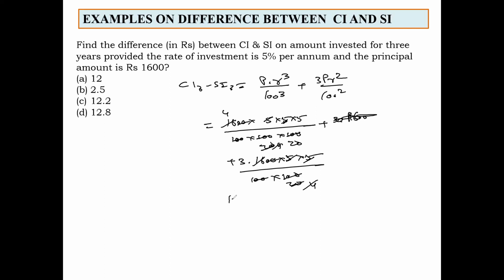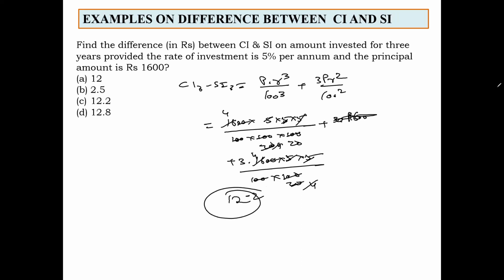This will give me 12, and this was 1 by 5. From here we get 0.2, so 12.2. I forgot to cross out the 5.